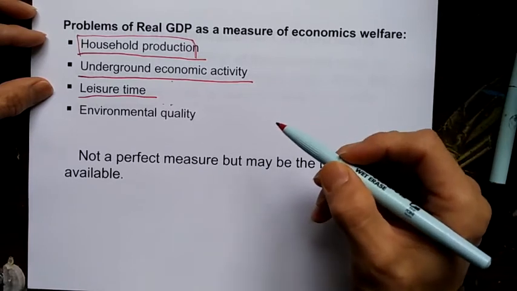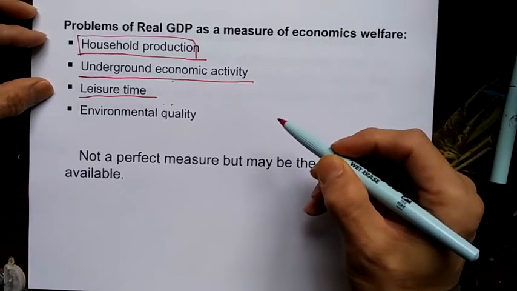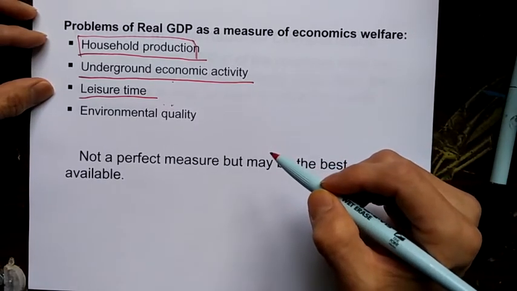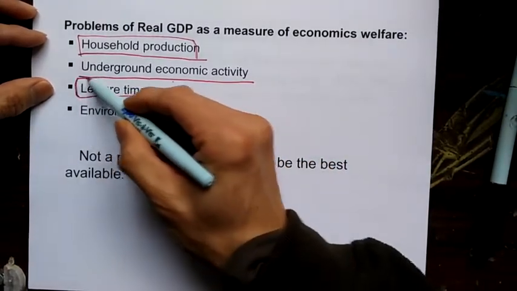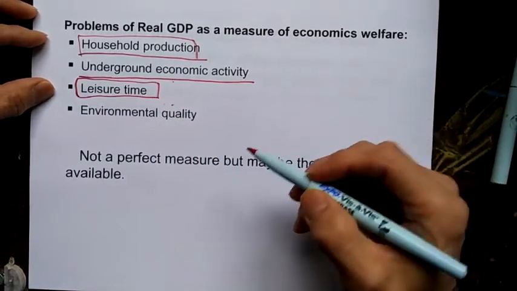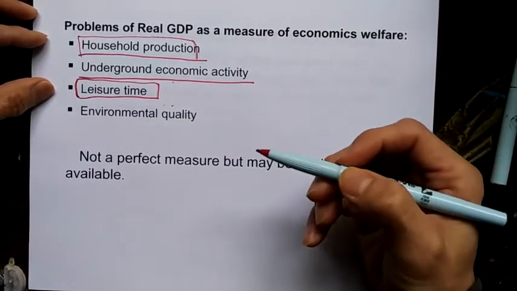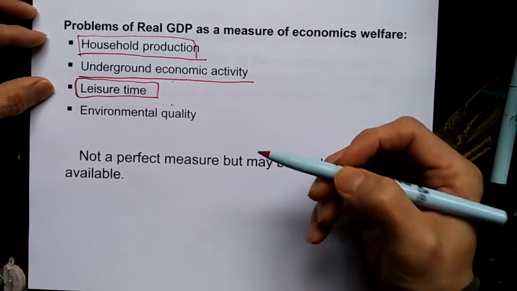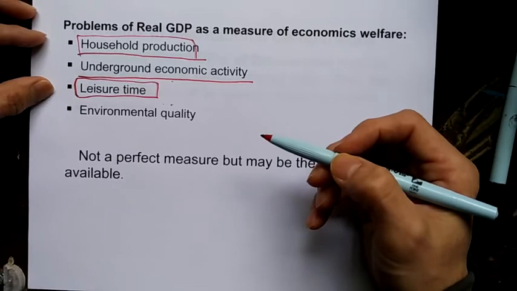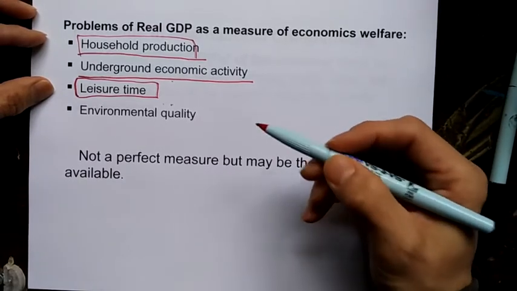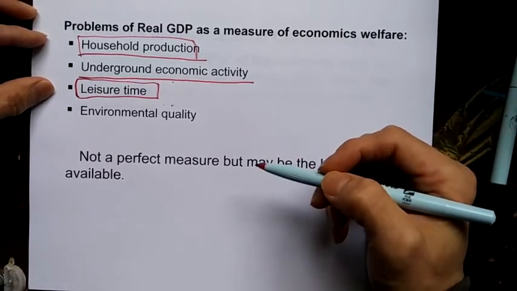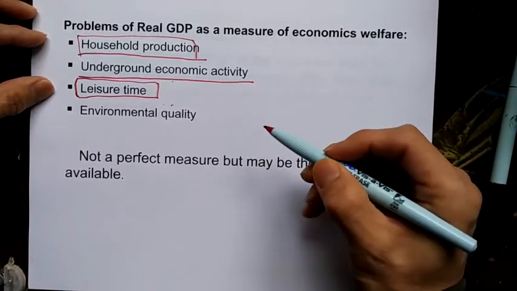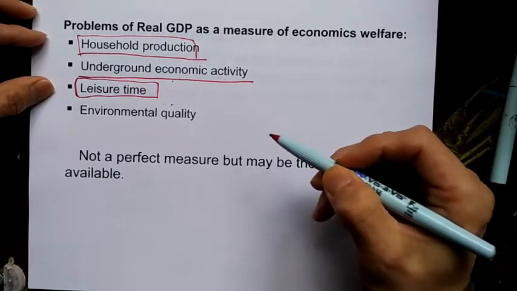Yes, but when you are calculating nominal GDP, you are calculating production only. You ignore the leisure time. Say, for example, now we work 8 hours per day, 5 days a week. But your grandpa worked 8 hours per day, 6 days per week. So you have more leisure time than your grandpa, but it is not reflected in the calculation of GDP.